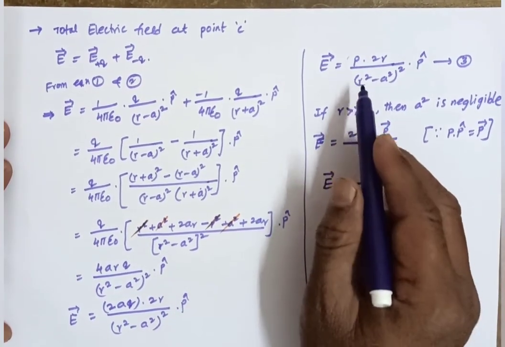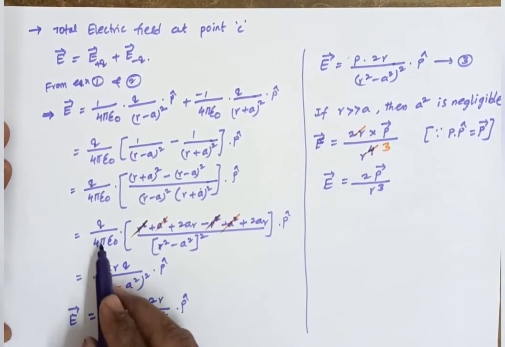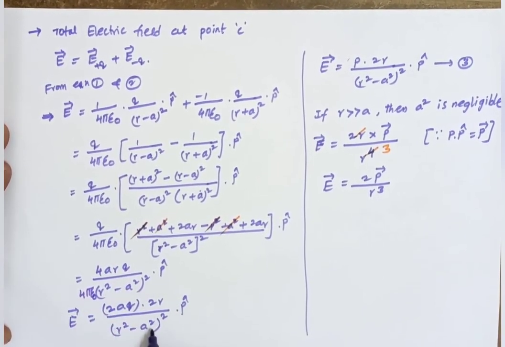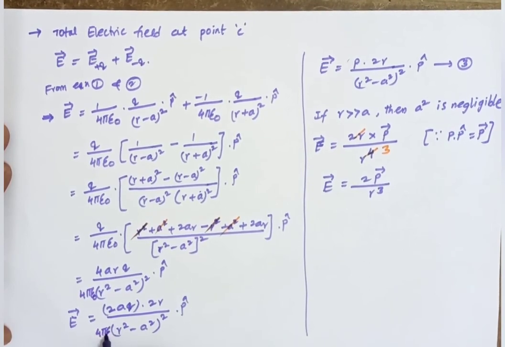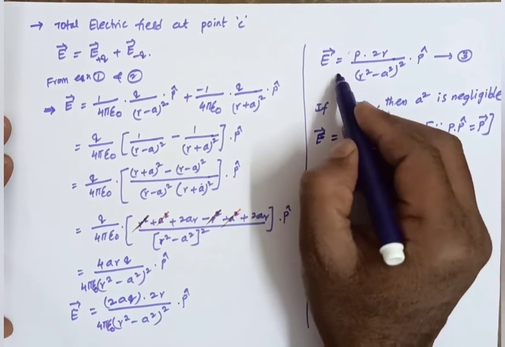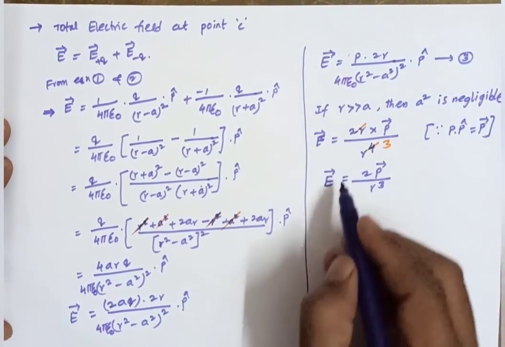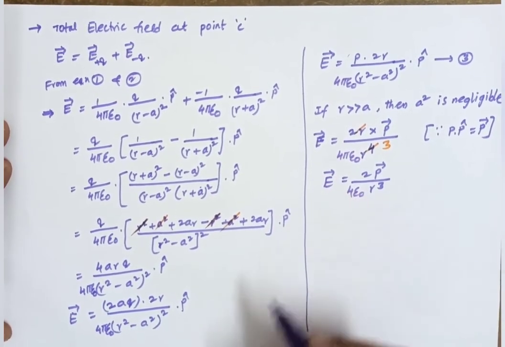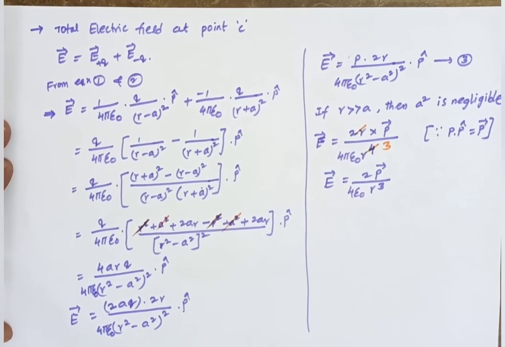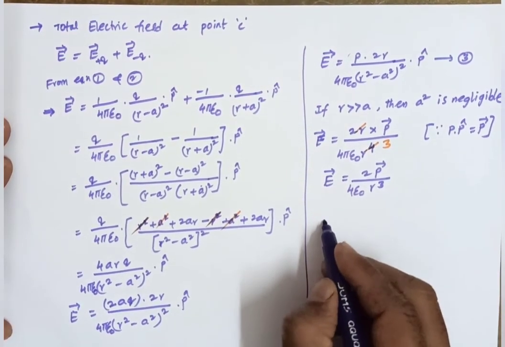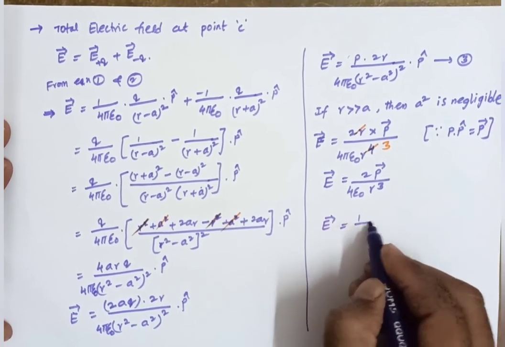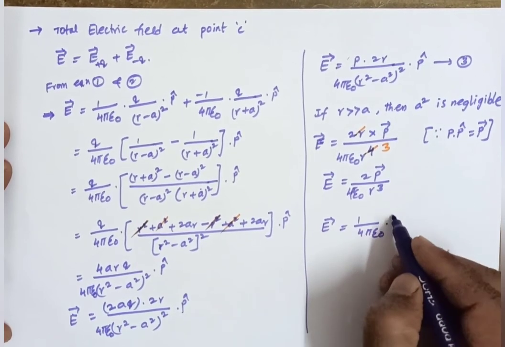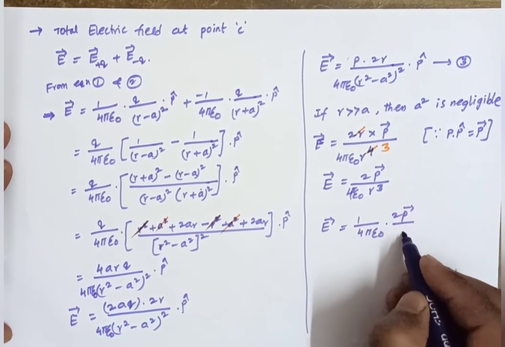The remaining term is 1 by 4 pi epsilon naught; it is present in every term, so the 4 pi epsilon naught factor remains. So at the axial line, E bar equals 1 by 4 pi epsilon naught into 2P bar by R cube.